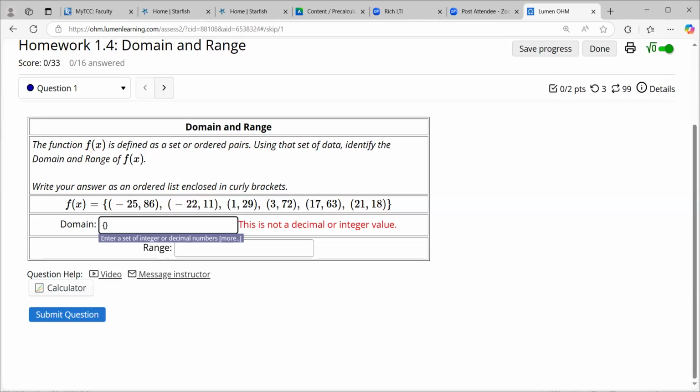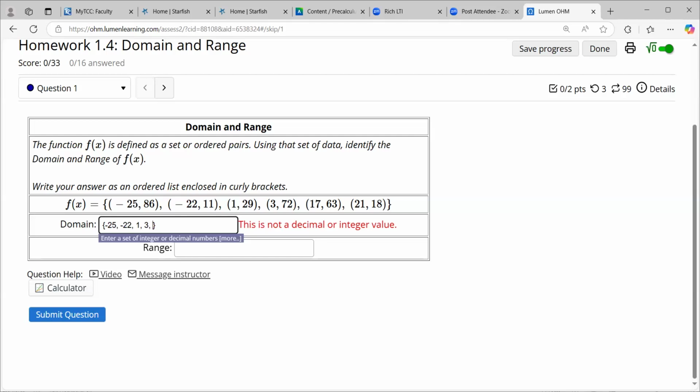We have negative 25. We have negative 22. Do you agree, guys? Do you see what's going on so far? Yeah, but do they have to be in order from smallest to greatest? If it doesn't say so, it doesn't have to be. Okay, thank you.